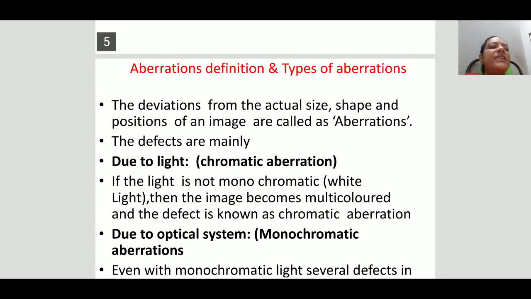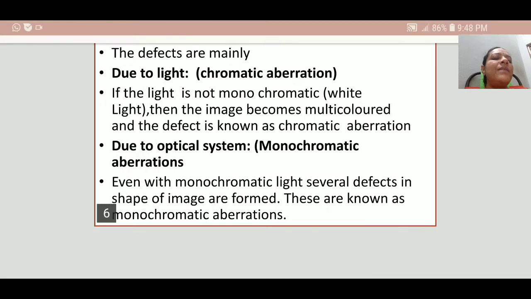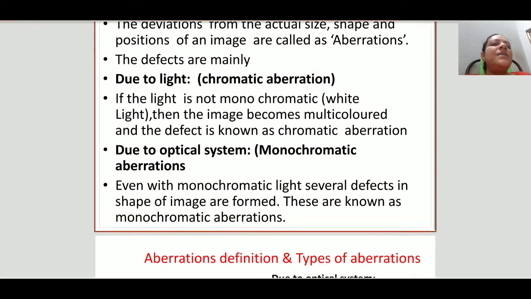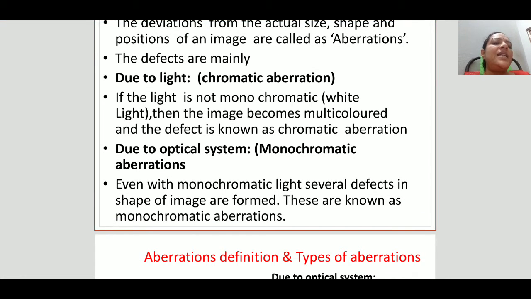That is, if the light is not monochromatic, that means simply a white light, then the image becomes, as we have just discussed, multicolored, and the defect is known as chromatic aberration.